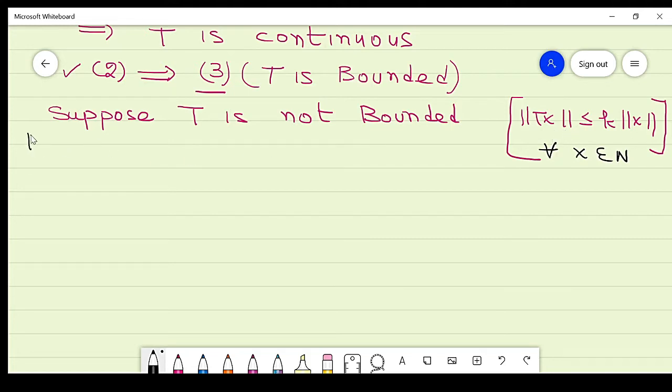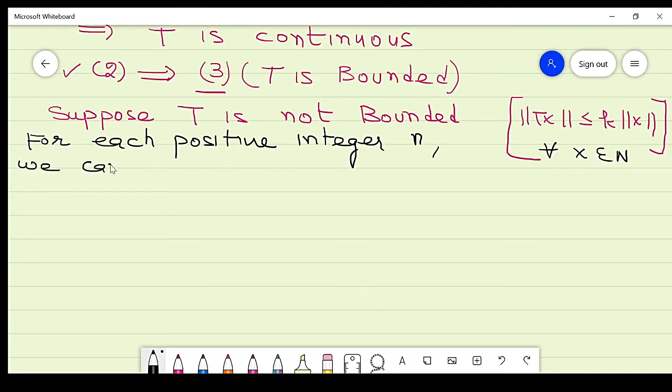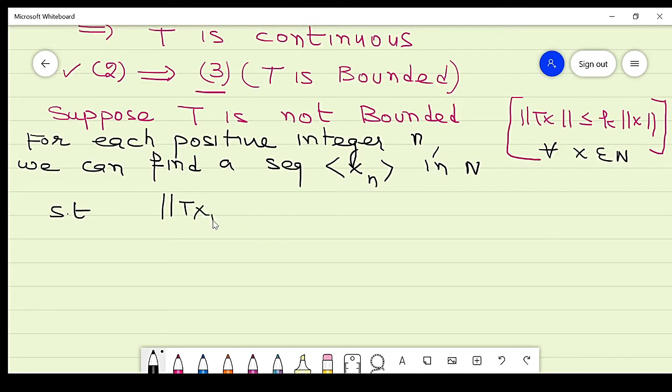So for each positive integer n, we can find a sequence xn in N such that norm of Txn is greater than n into norm of xn, right?